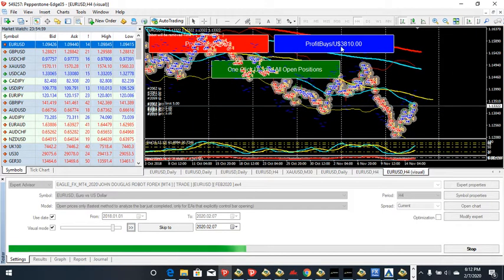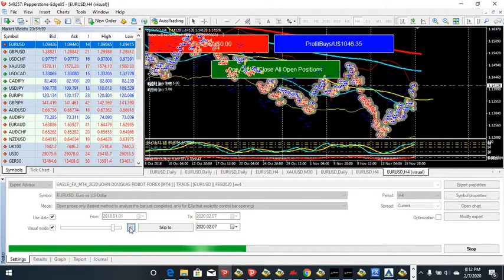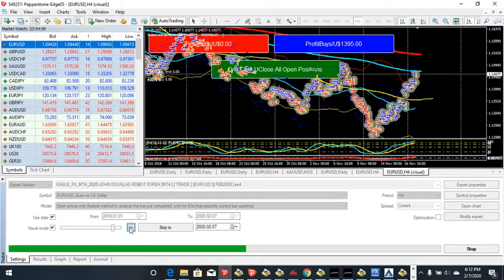Look at that, buy again, look at that, buy over here, buy right here. This is the profit right here. The profit here on the blue button. Buy, right? Buy. It monitor, buy.